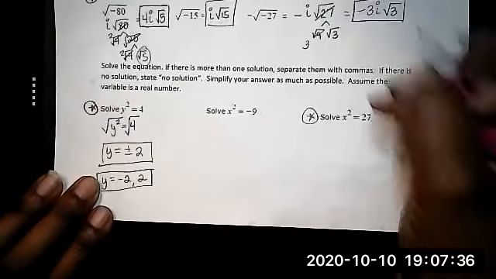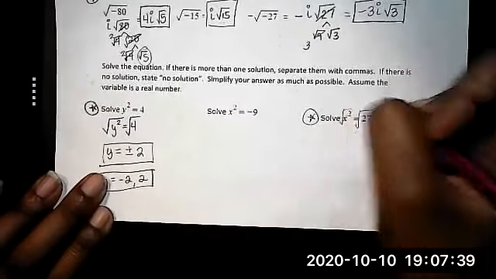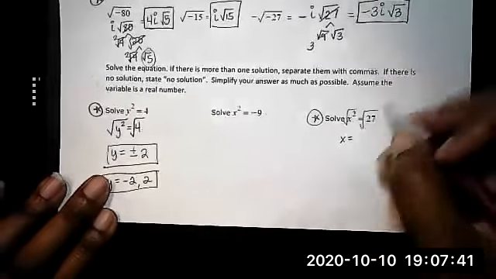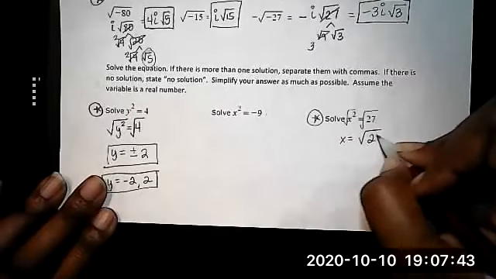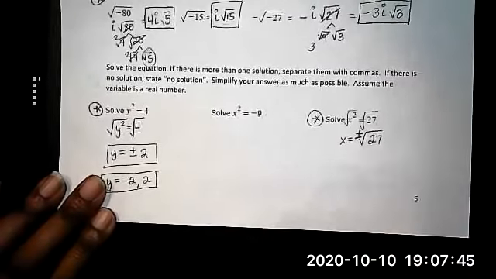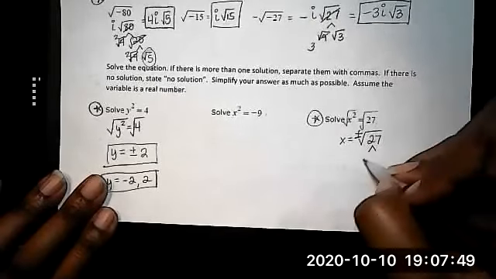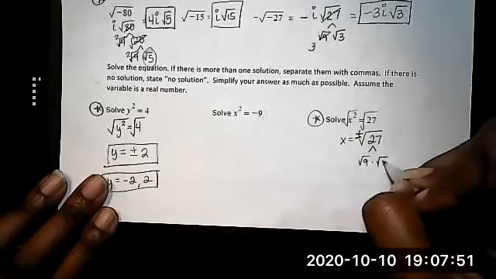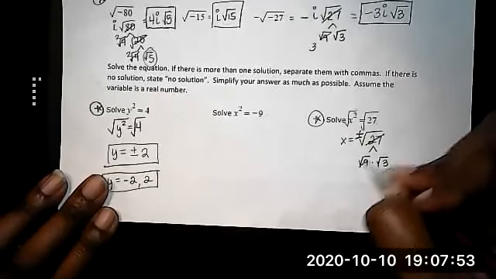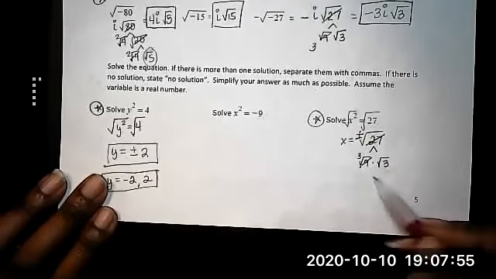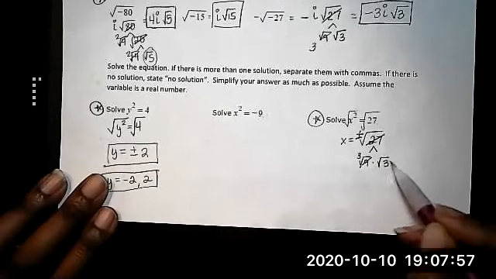Okay. Here, same situation. I'll take the square root of both sides. x is going to be equal to the square root of 27, plus or minus. Plus or minus. Don't forget that. So now also I want to make it the square root of 9 times the square root of 3. I know the square root of 9 is 3. And the square root of 3 is still going to be inside.